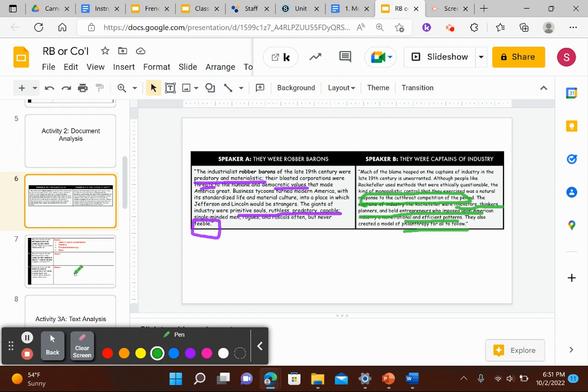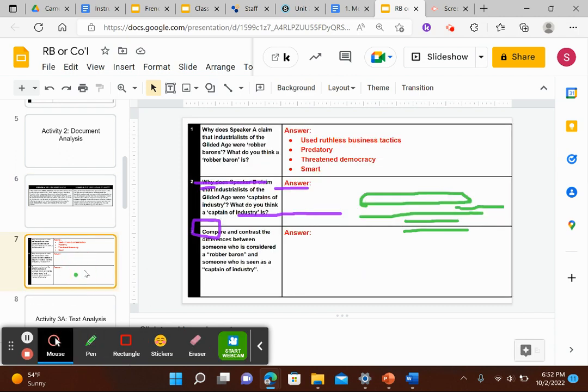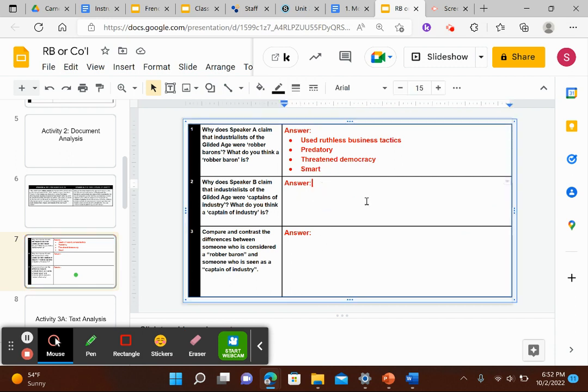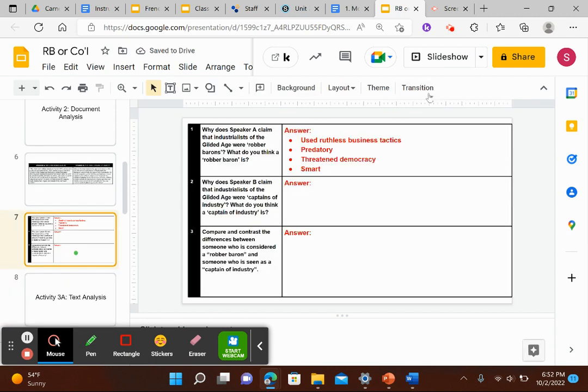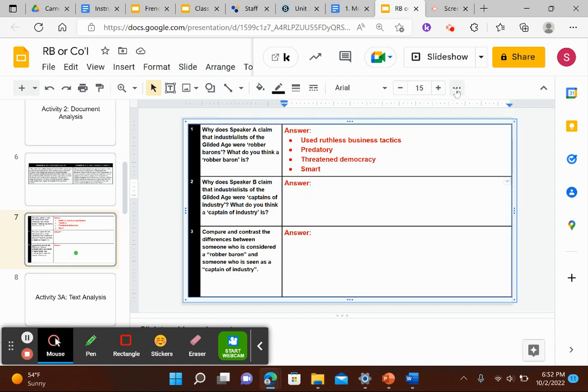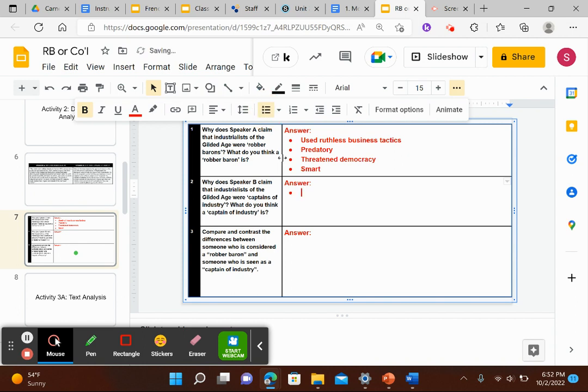Okay, so let's take a look here. So, why does Speaker B claim that industrialists of the Gilded Age are captains of industry? Let me go here and find it. Here we go.